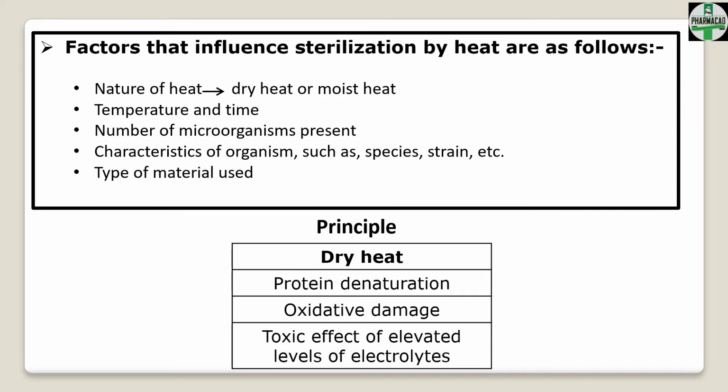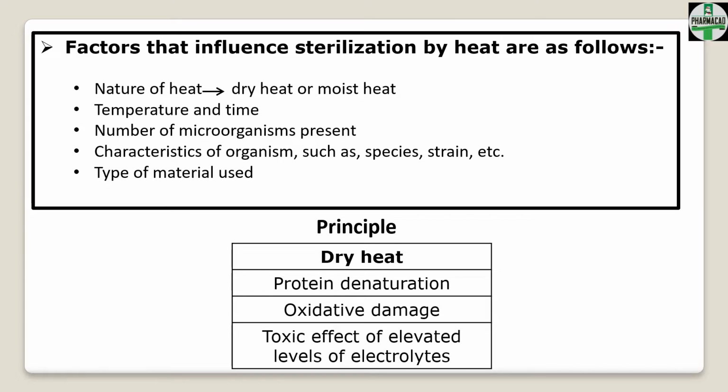Now let's understand the factors that influence sterilization by heat. It has a few factors, like the nature of heat, whether it is dry heat or moist heat. Temperature and time: at what temperature and for what length of time you are exposing the object to heat.